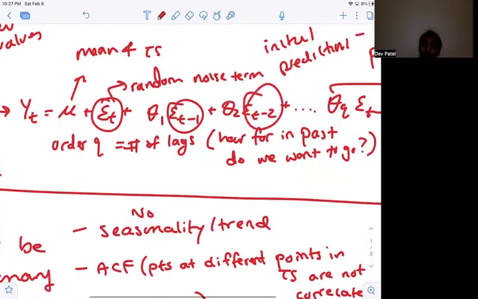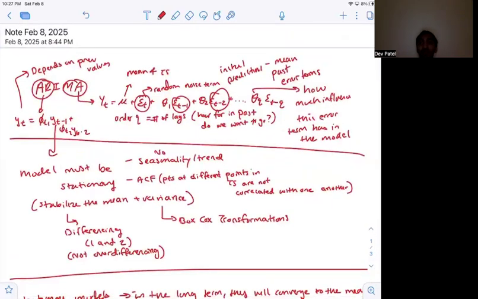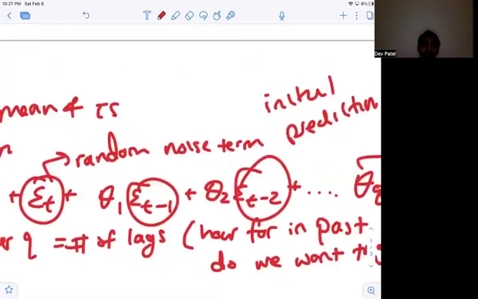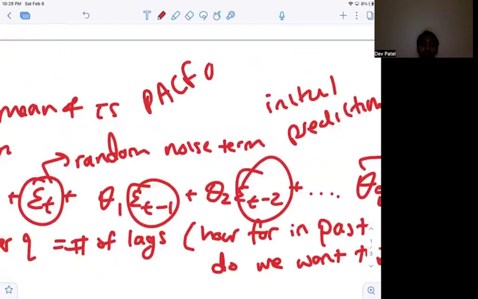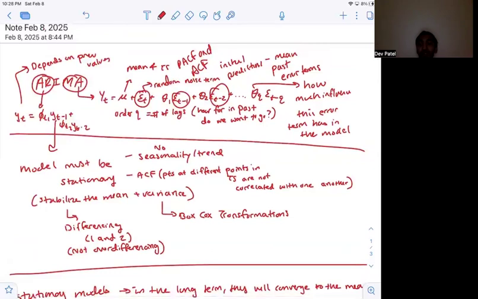And the number of errors is also a parameter that you use when creating this model, and how you get it is dependent upon the partial autocorrelation function and autocorrelation function, the PACF and ACF, identifying the lags, identifying the decay in lags, how sharply they're dropping off. That determines the order of both the MA and autoregressive model, and ARMA.